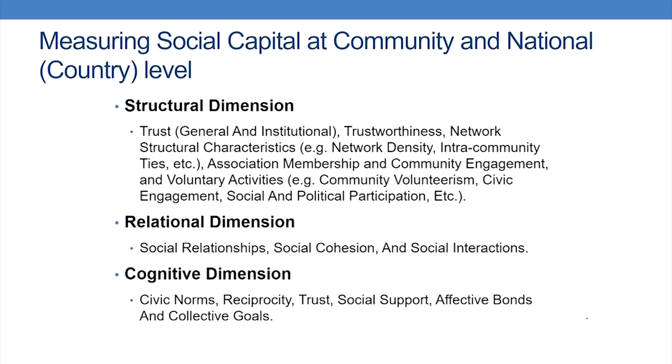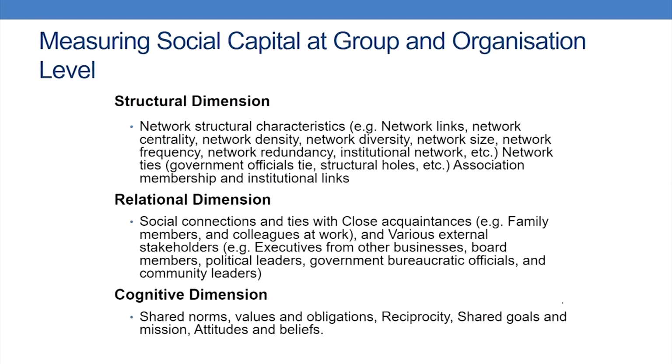And the cognitive dimension includes civic norms, reciprocity, trust, social support, affective bonds and so on. At the meso level, which is measuring social capital at group and organizational level, you have again the same structural, relational and cognitive dimensions.